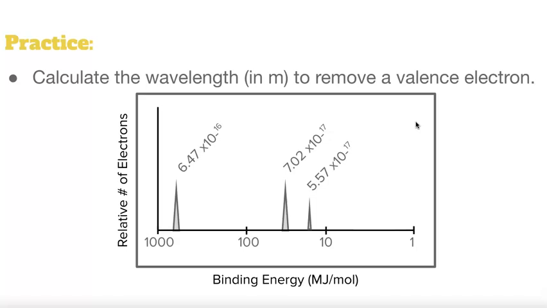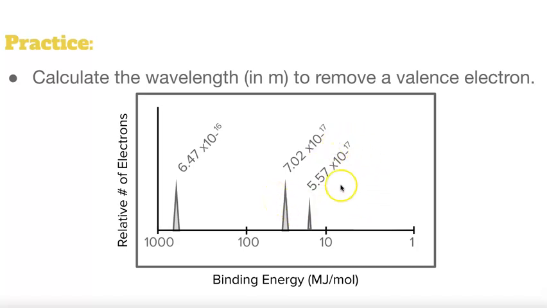So here's a photoelectron spectrum, something that we learned back in Unit 1, where the peaks are relative to the number of electrons, and the x-axis is relative to the binding energy of those electrons in those certain orbitals. Calculate the wavelength in meters to remove a valence electron.